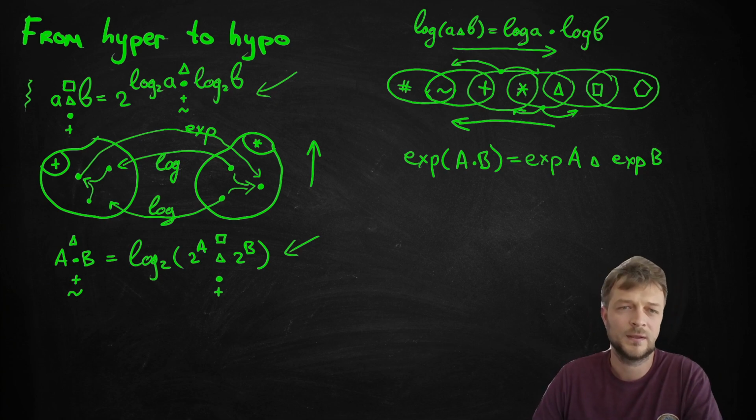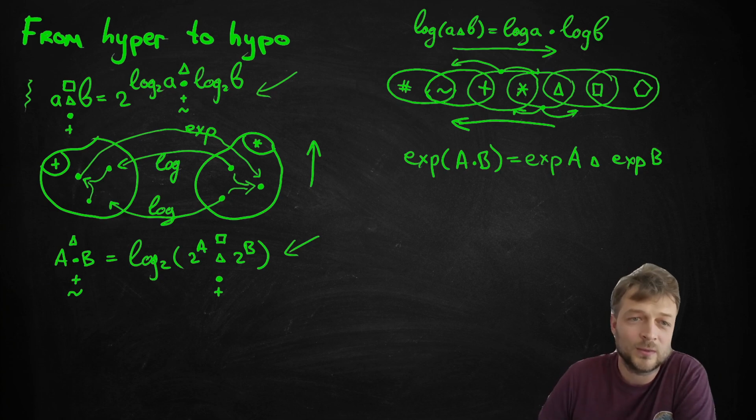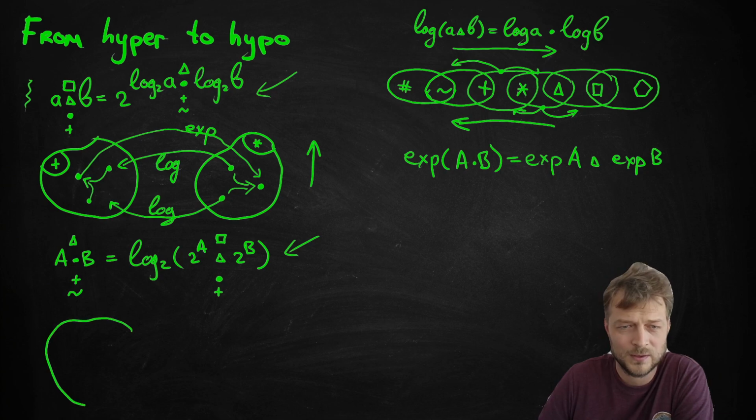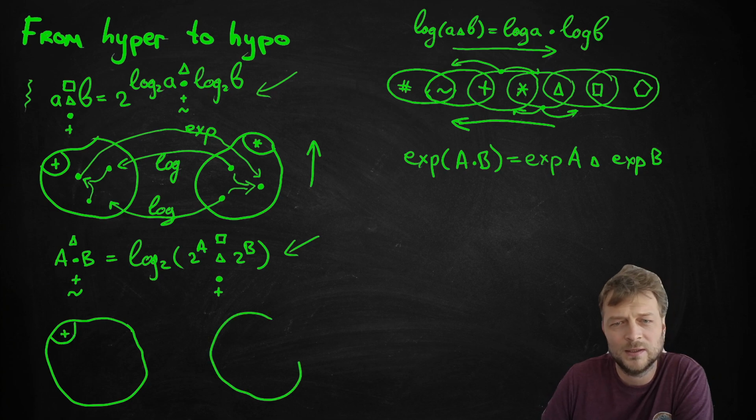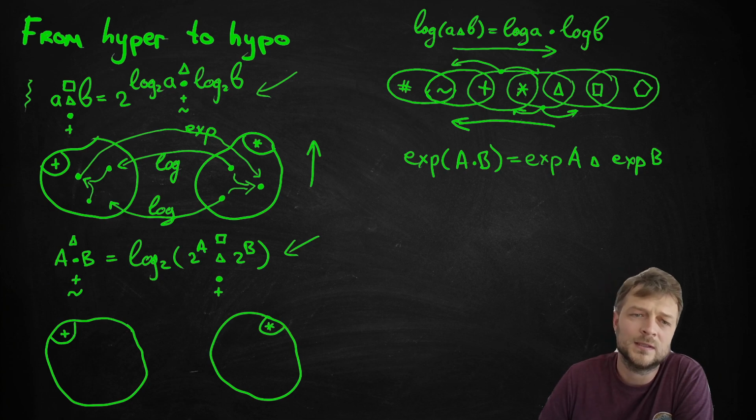top left. A similar plot will be on the bottom, but we will have the opposite arrows. So if we have plus here and a space here with multiplication, what happens is the opposite. We know how to multiply elements and we want to define plus.